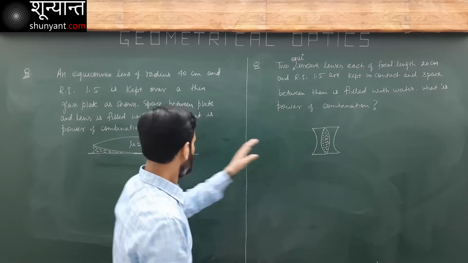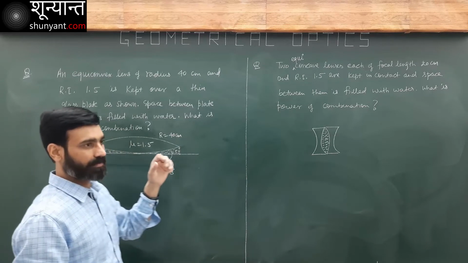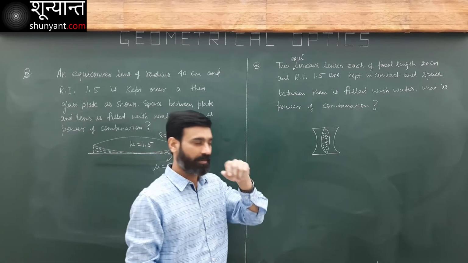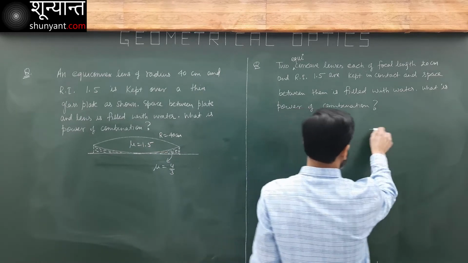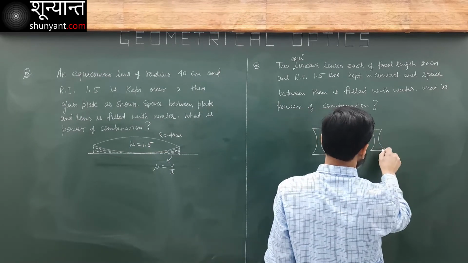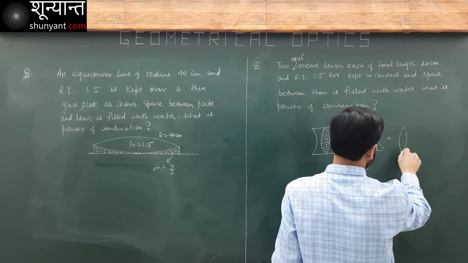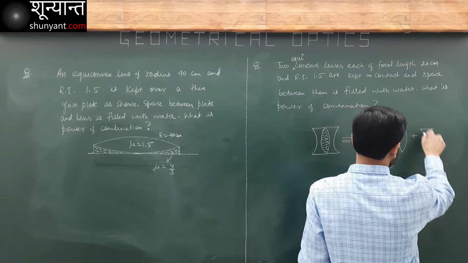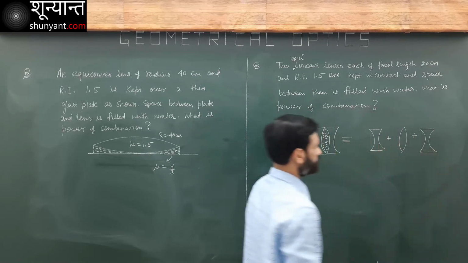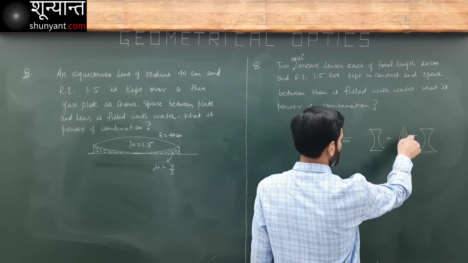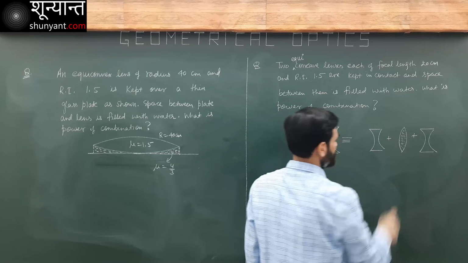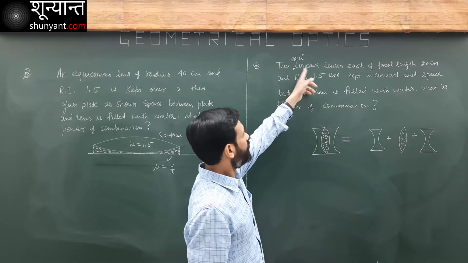Let me discuss this. Anyway, both are similar. If you know one, you know how to solve the other. This is equivalent to a combination of three lenses in contact. This is a water lens. An equiconcave lens.